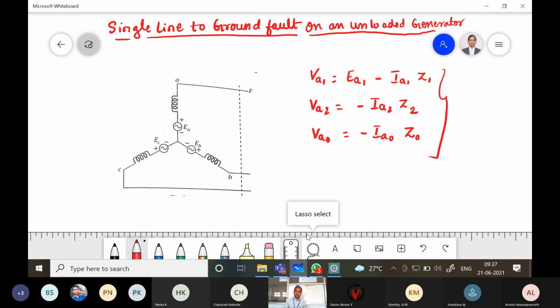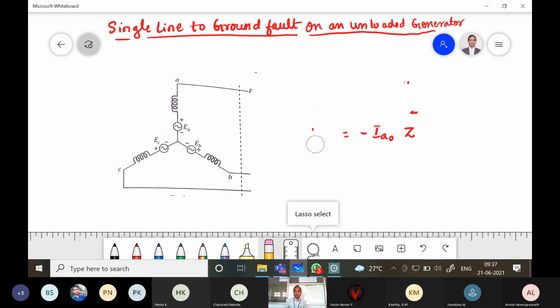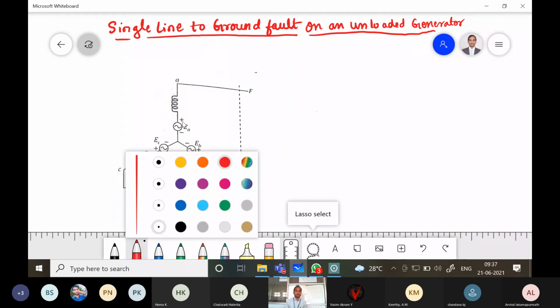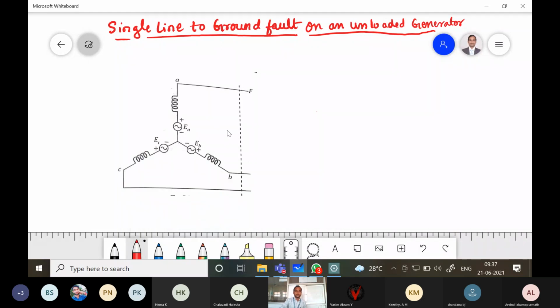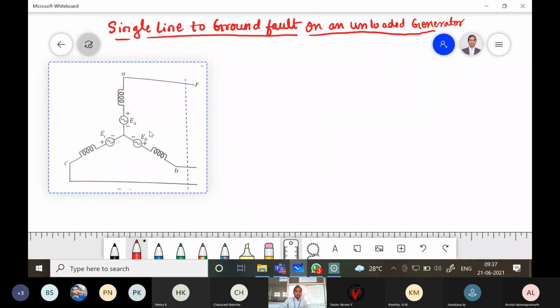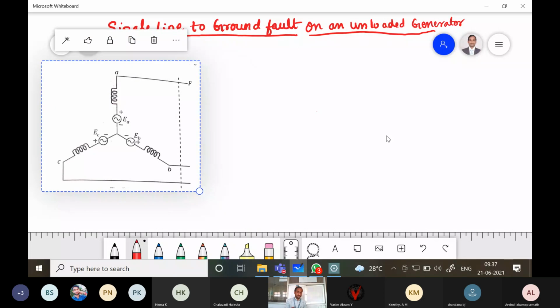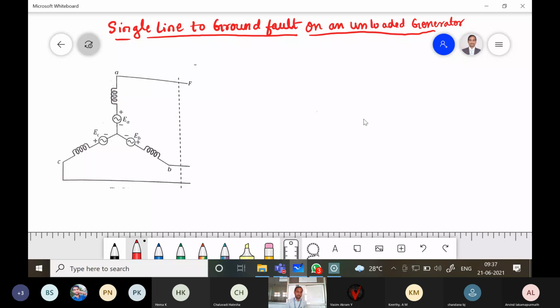Okay, so for this, take the diagram, single line to ground fault.